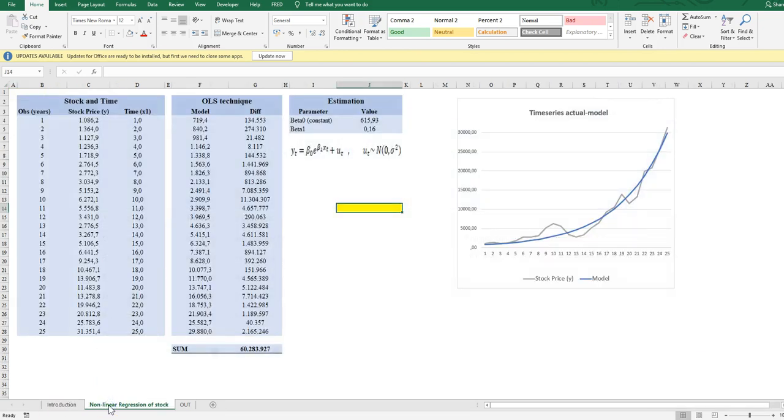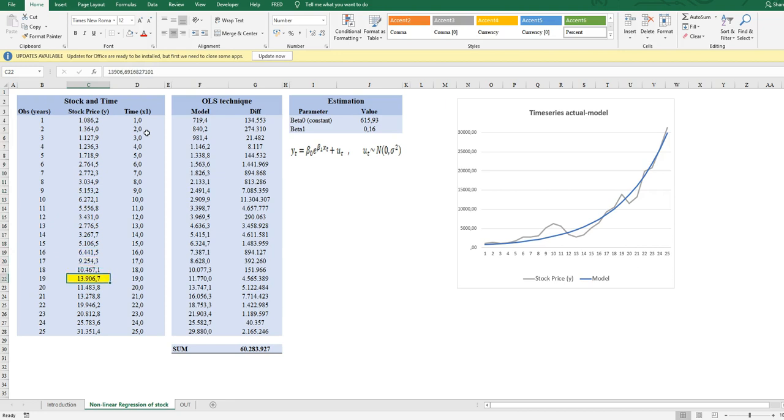Let's take a look at a very simple time series, 25 observations, and just to bring in some reality, I assume that these are years, and then we have the stock price, and perhaps you can see some kind of, at least not linearity.